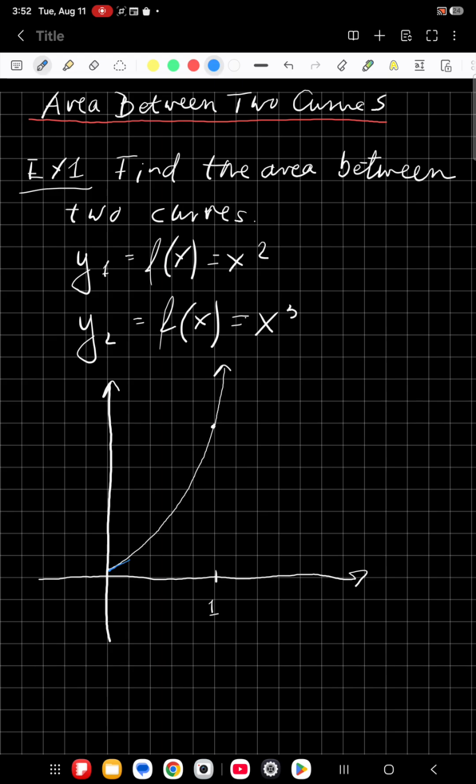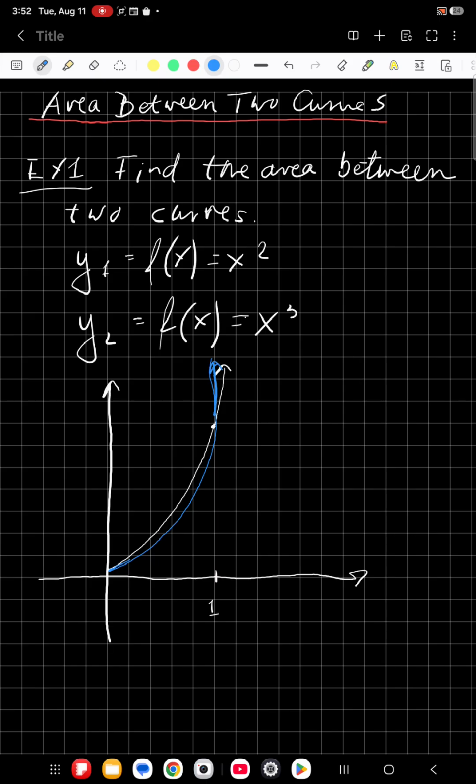I'm trying to draw it nicely for you, but as usual, I struggle. Anyway, it's something like this, and then it gets steeper. But you get the picture.